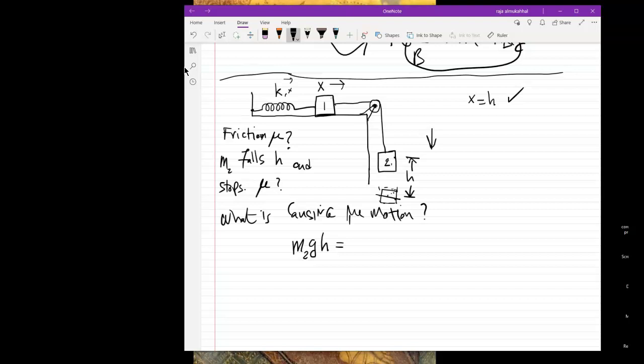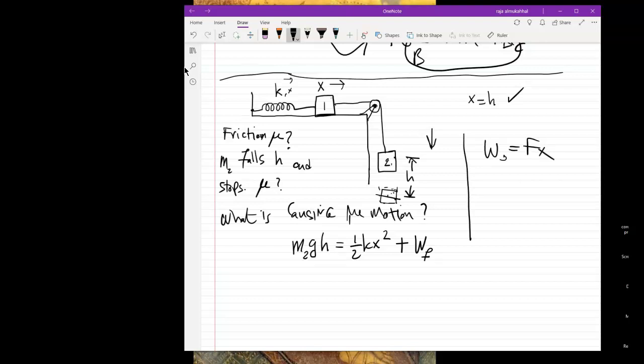In other words, there was work, remember work is energy, done by the friction. So here we have, this gain is 1/2 kx squared plus the work done by the friction. What's the work done by the friction? Work in general is Fx, right?